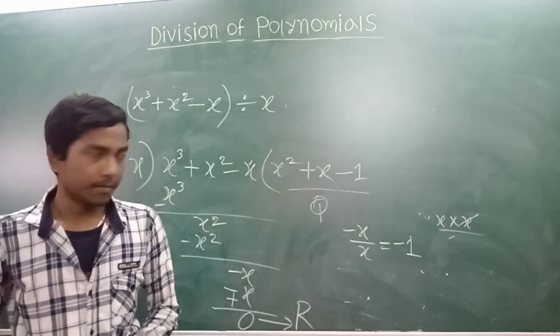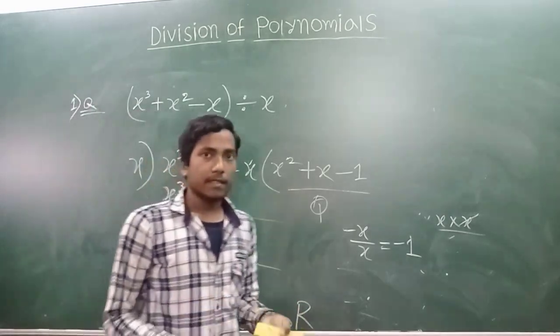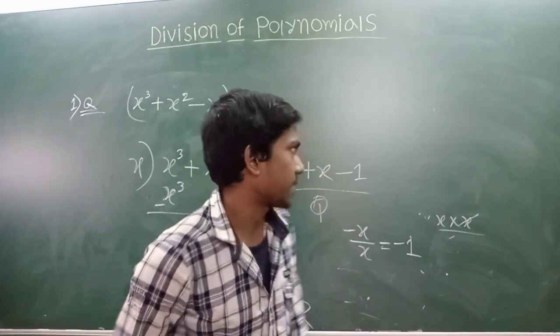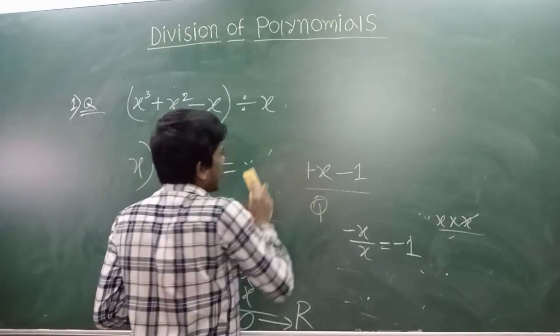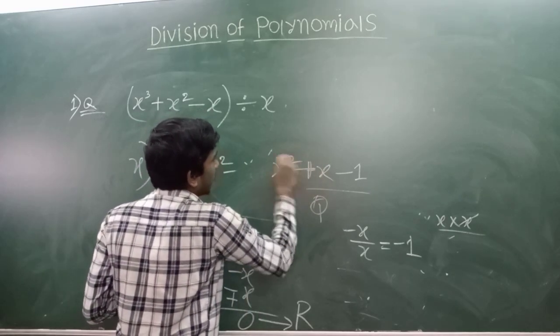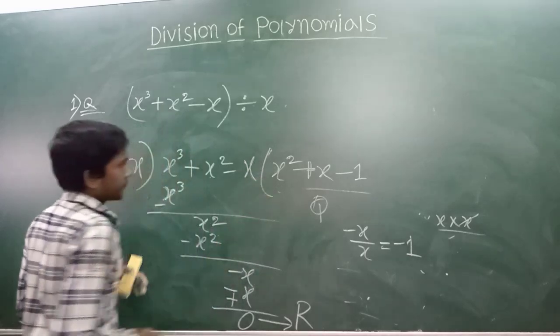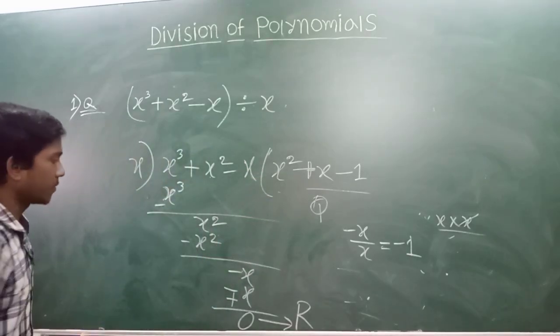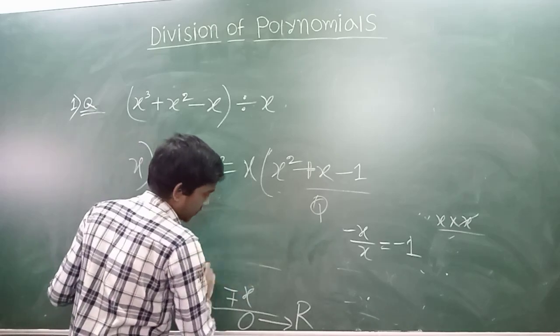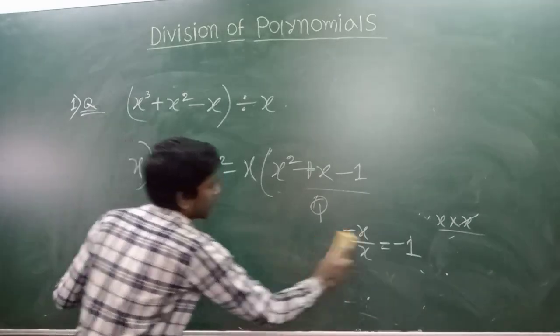0 is our remainder. Now you will ask me, sir, you said this is the process, but how can we verify this? Okay, let's check. Sorry, this is the quotient x squared plus x minus 1. Okay, so you know about the formula. The remainder is 0.